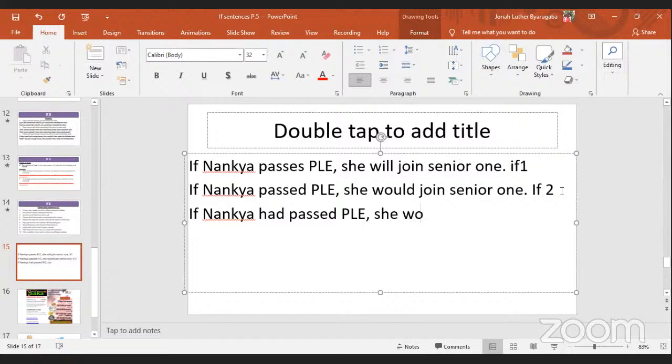Then the main clause is in the conditional present perfect tense. She would have joined senior one. As simple as that. There is nothing difficult here. If three. Sharon, is there anything difficult here, really?